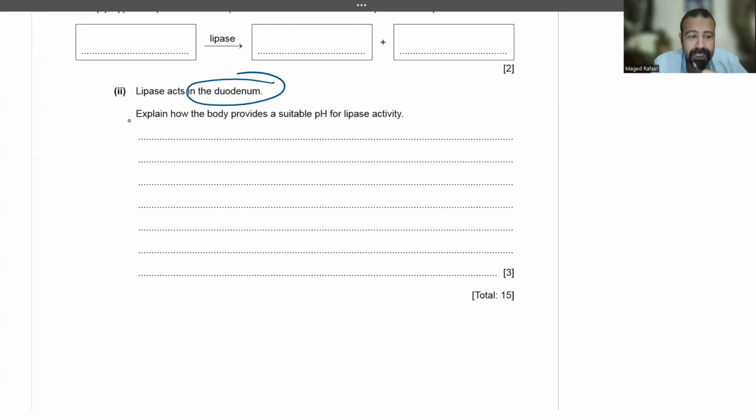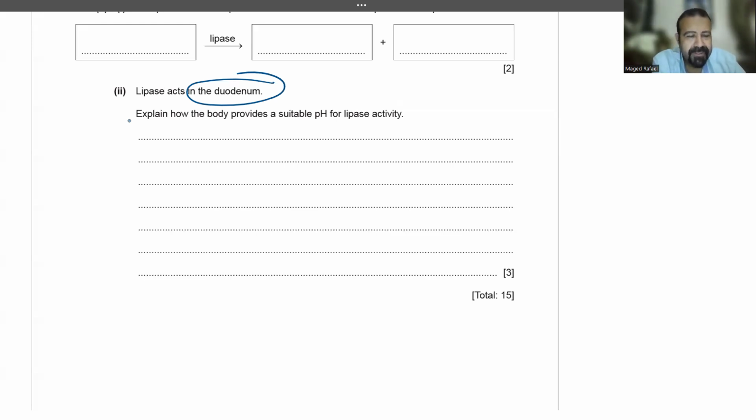What is the structure produced by the liver to change the pH? I'm giving you a hint now: the one stored in the gallbladder. Does anyone know the answer?